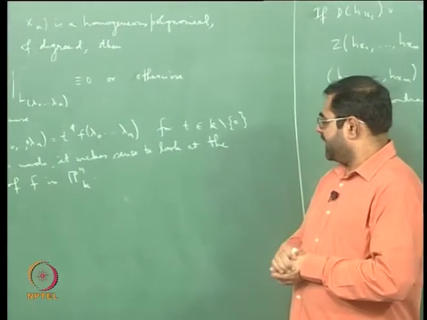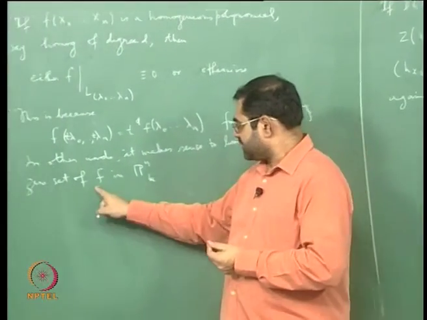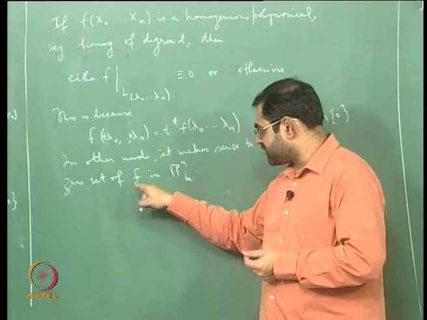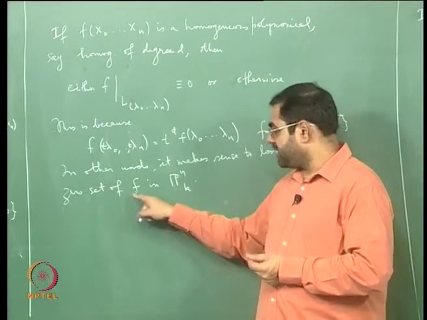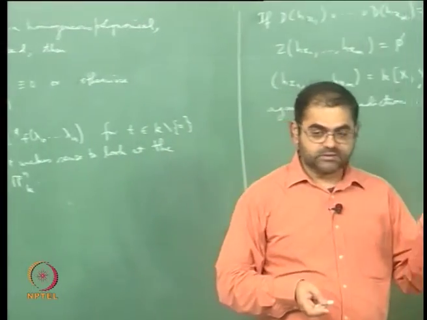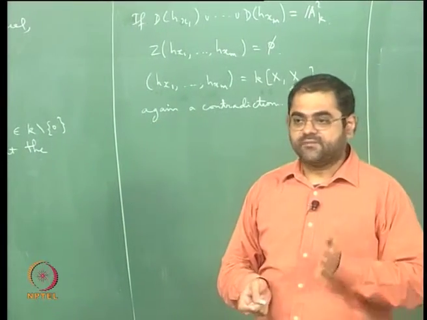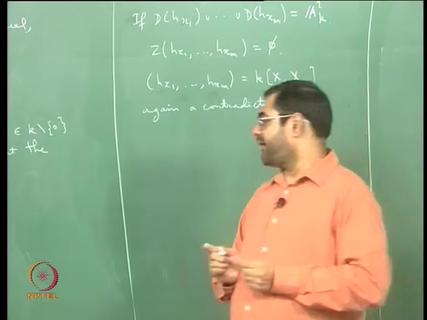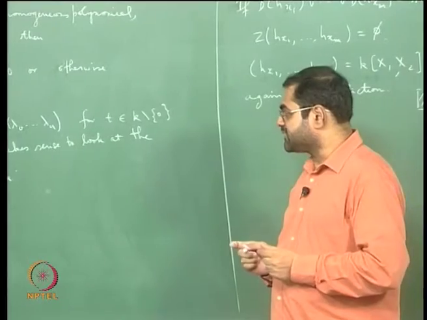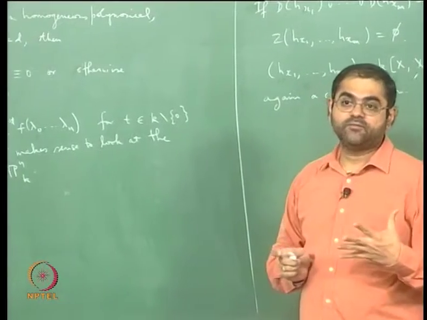So let me repeat, I can make sense of the zero set of a polynomial in projective space, namely it is all those lines on which f vanishes, and I do not have to do it just for one polynomial, I can do it for any collection of polynomials.